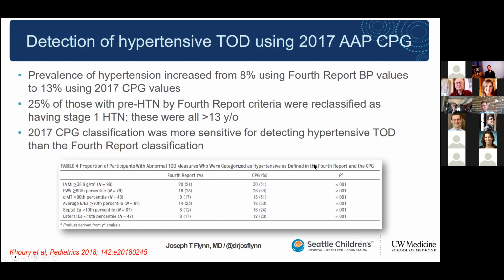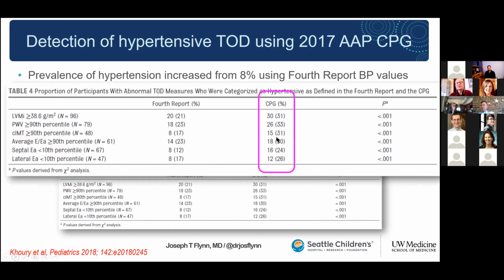And you can see that here, where the percentages of children with these different manifestations of hypertensive target organ damage were greater using the CPG tables than using the fourth report tables.